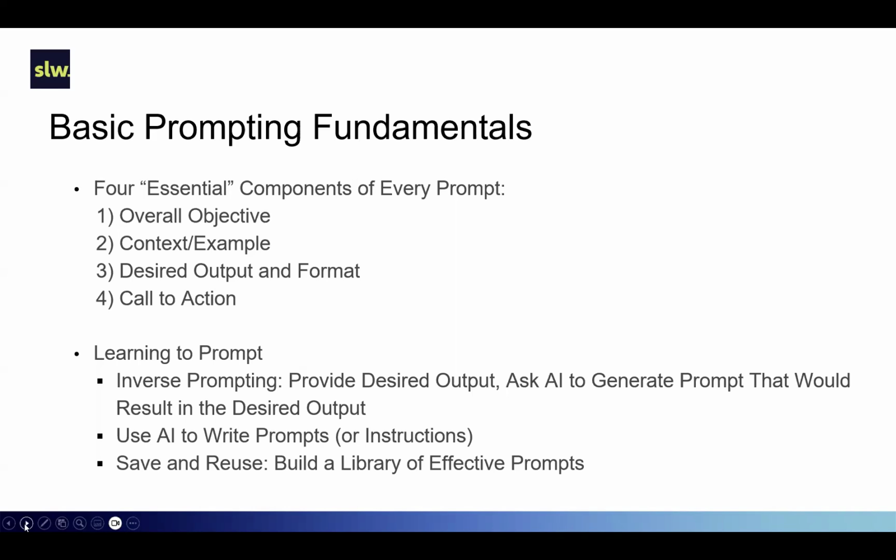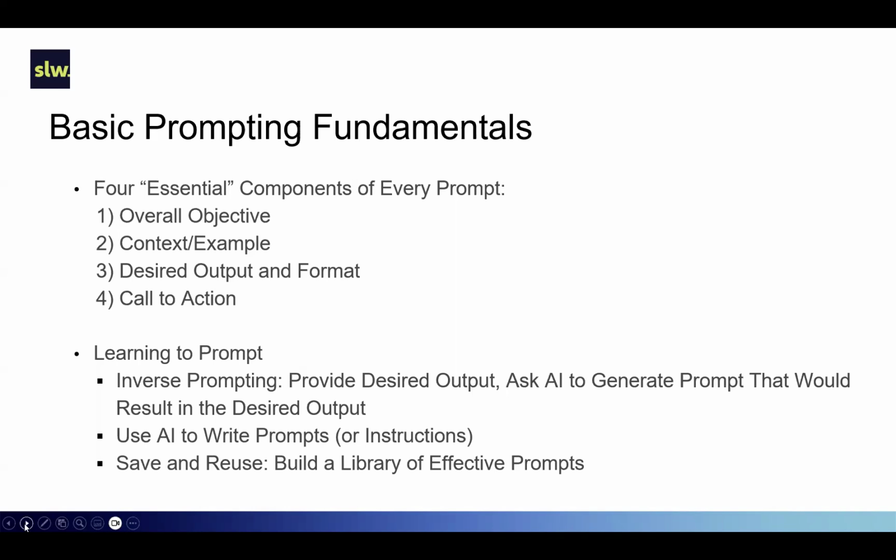And when I say essential here, that's probably not exactly accurate, in the sense that in everyday practice, while I like to think about these four things when I'm prompting, I don't always include each one. But the basic idea is that when you're prompting, you're providing some overall objective or goal that you're hoping to achieve. You might provide some context. You might cut and paste some context or an example of the output you're hoping to get.